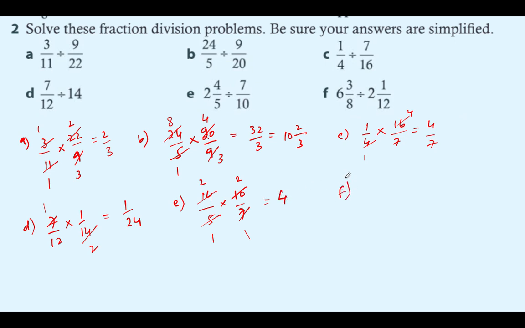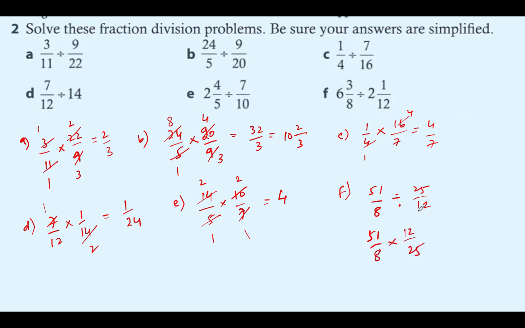For part F, if we multiply 8 by 6, we get 48. 48 plus 3 is 51 over 8 divided by 12 times 2 is 24, 24 plus 1 is 25 over 12. Now this becomes 51 over 8 multiplied by 12 over 25.